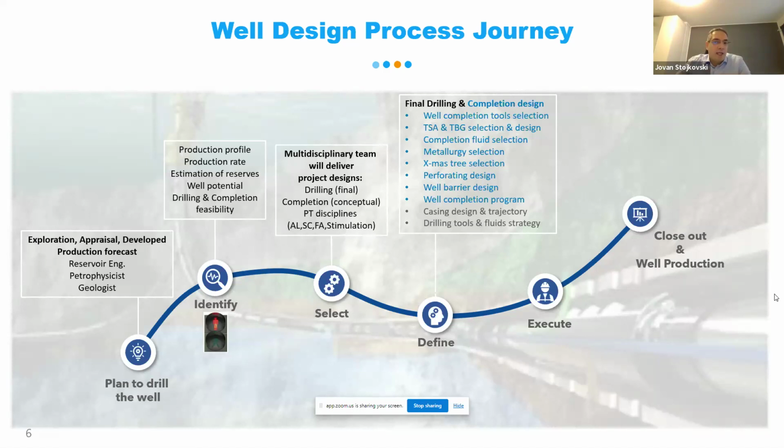Tubing stress analysis and tubing selection and design. At that moment, these first two deliverables come together because we are compiling tubing, packer, and other completion tools into one system, which the completion engineer needs to verify using different software available on the market.